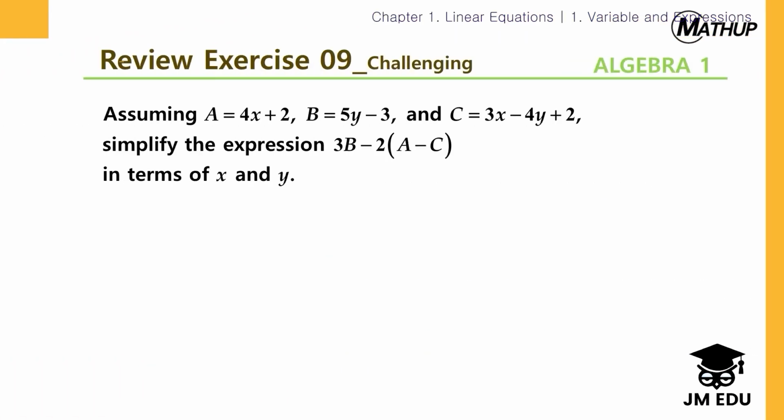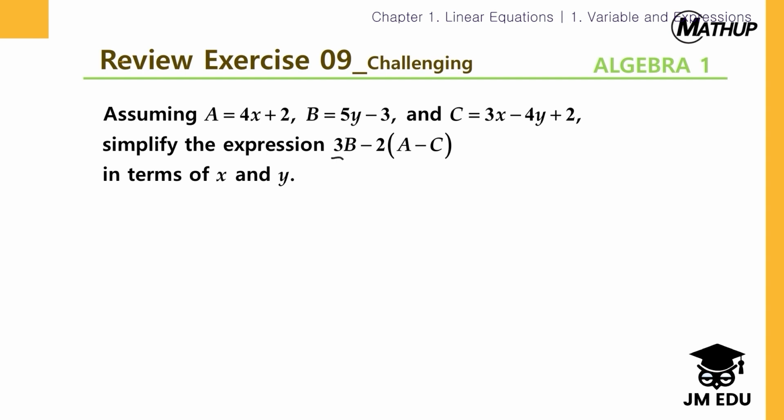Okay, number 9. Assuming a is equal to 4x plus 2, b is equal to 5y minus 3, and the expression c is equal to 3x minus 4y plus 2, we're going to have to simplify this expression right here in terms of x and y. Our answer has to be in terms of x and y. So let's try this.